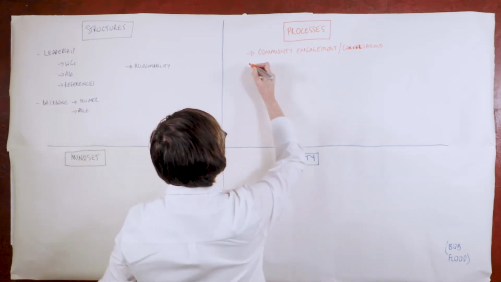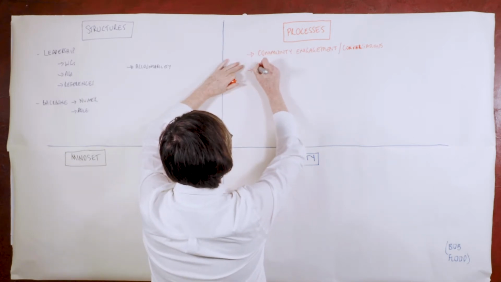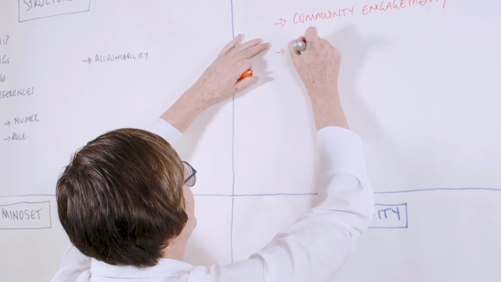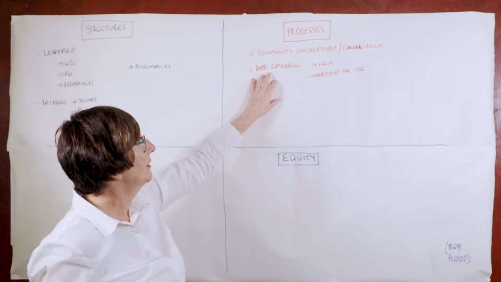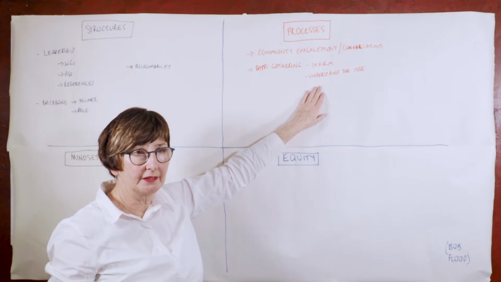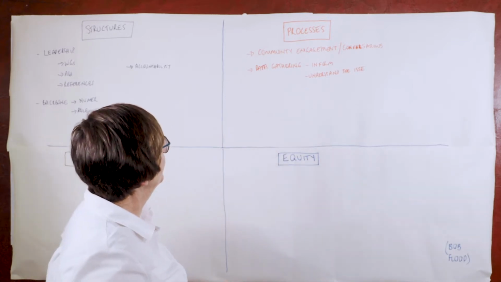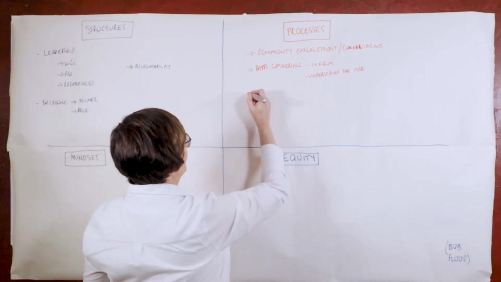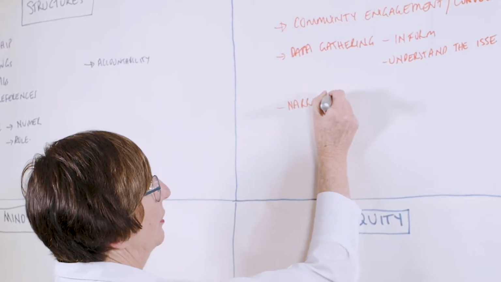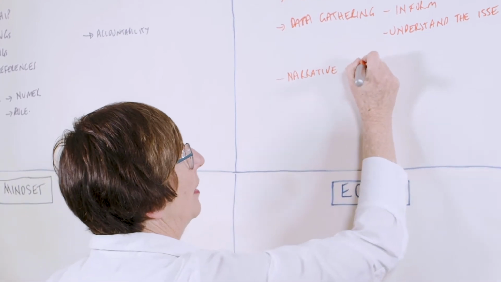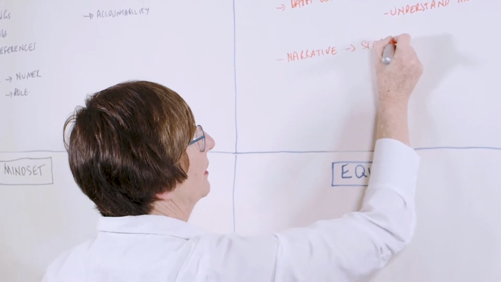The other piece of work that's going on in this bit is you're doing data gathering. So the process here around data is understanding the issue. The next thing that you're also doing in terms of the process is you're looking at building up the narrative. So you're looking at collecting stories.